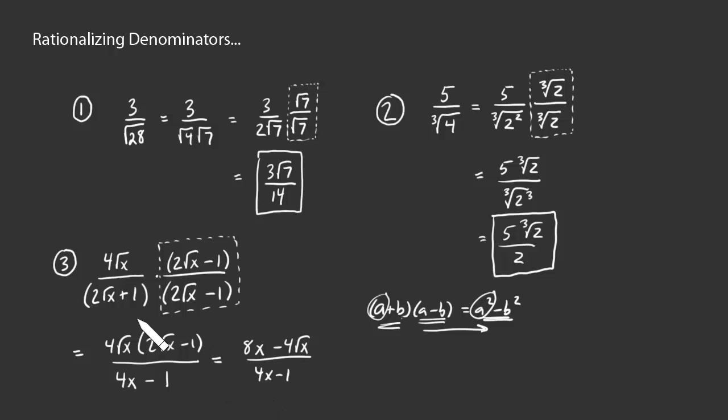In most contexts, you'll actually stop here because having the factorization of the numerator will be advantageous. I'll go ahead and circle this as the final answer. And again, notice the radical is gone in the denominator. Okay, so we're using that special product rule from factoring to rationalize a denominator.